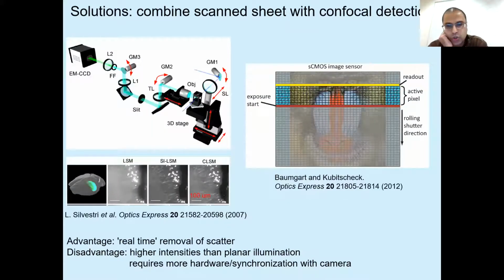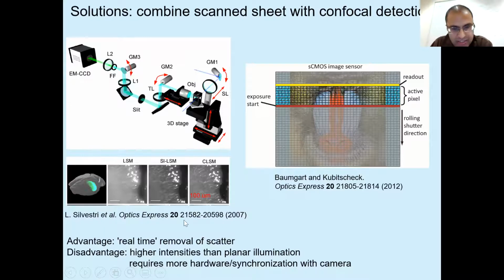Another thing you can do is introduce some inspiration from confocal microscopy. If you're imaging very large specimens like a brain, you can imagine that on the emission side, if you build up your light sheet using a line scan with this low NA beam, you could descan on the emission side, pass the stationary fluorescence through a slit to filter out some of the scattered light, and then rescan again before you collect on your detector.